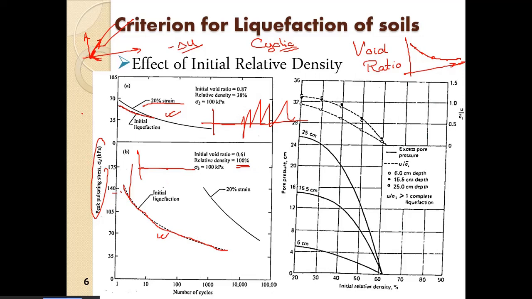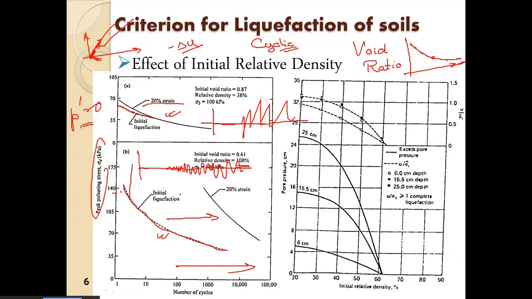So now the state is that P dash is equal to 0. But to achieve 20% strain, you can see how many cycles are required. It will go on slowly increasing like that. So that is the effect of initial relative density.